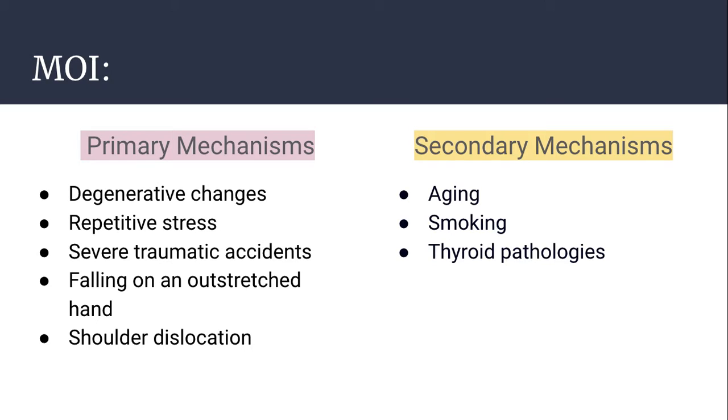But for injury, it can happen with severe traumatic accidents or falling on an outstretched hand. Also, it can be seen with shoulder dislocation. Some secondary mechanisms include aging, smoking, and thyroid pathologies, which are all risk factors for a rotator cuff tear.